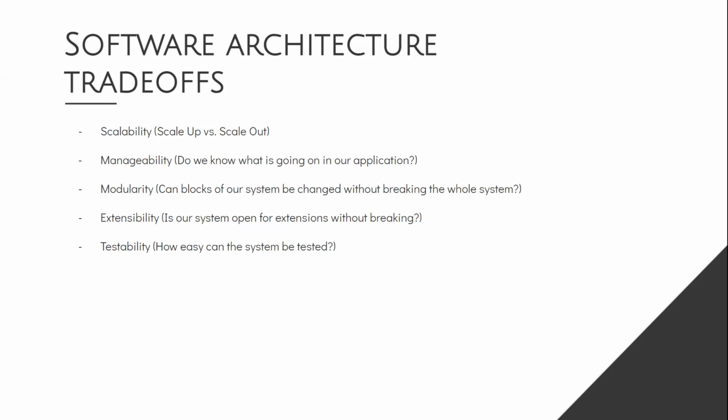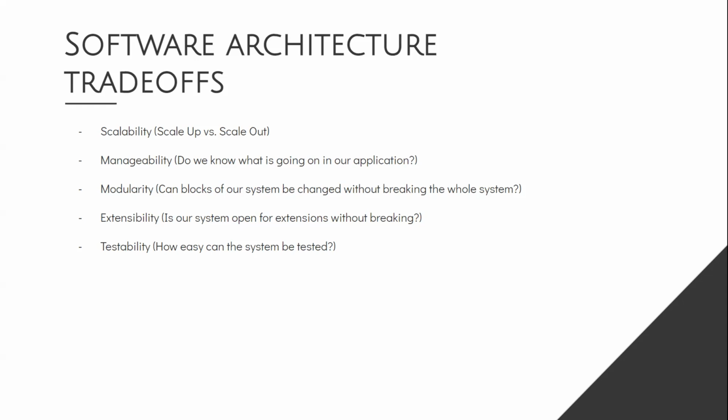Then modularity, which is a big one in modern architectures. I will talk about those examples later on, but basically, if we think about our application as different blocks or different components, can we just take one block off and exchange it?